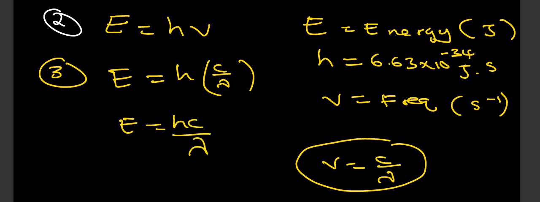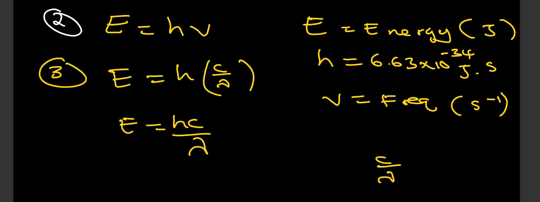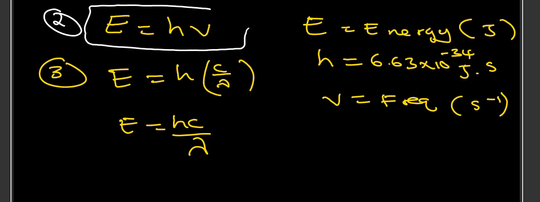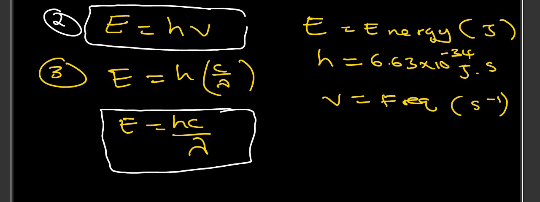The combination of the first equation and the second has created the third equation. So we have modified the second equation to make it into that. Hope this is okay so far.